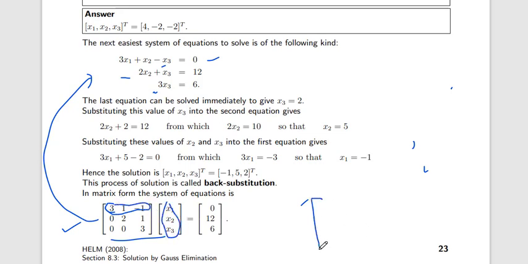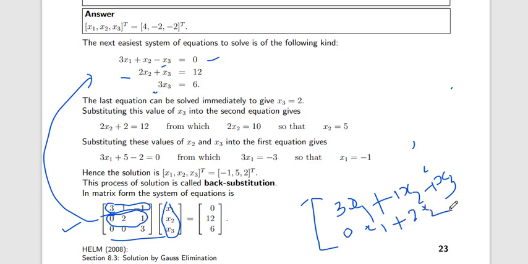So we will get answer as 3x1 plus 1x2 and minus 1x3. Okay, then second row and first column. 0x1 plus 2x2, okay, plus 1x3.